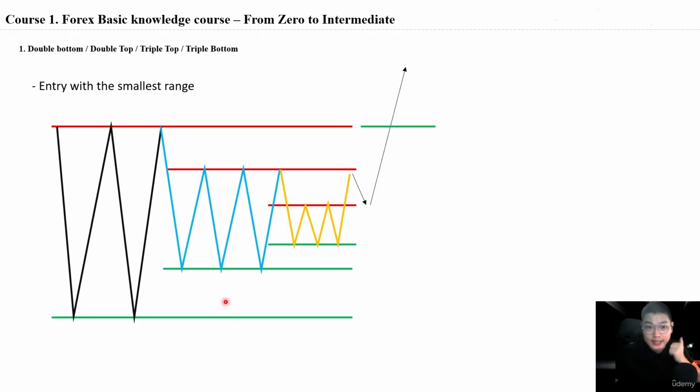And the next and last strategy, when you see a structure like this, you can enter with the smallest range. When you see the structure is a very big range like this, and from the left side to the right side, price gets smaller and smaller. And when you see the smallest time and smallest range like this, price is now in the narrow range. And when price breaks the narrow range and retests again, you can enter at this time and take profit outside of these structures.